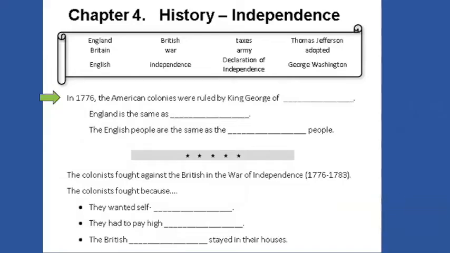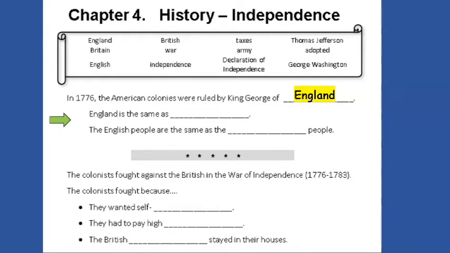Let's look at your paper. In 1776, the American colonies were ruled by King George of England. Pause your video and write England. England is the same as Britain. Say that.